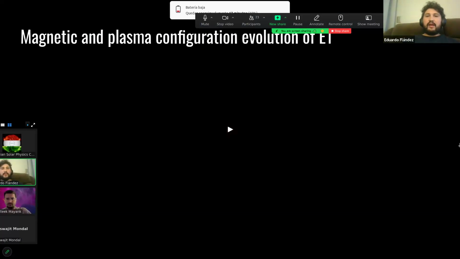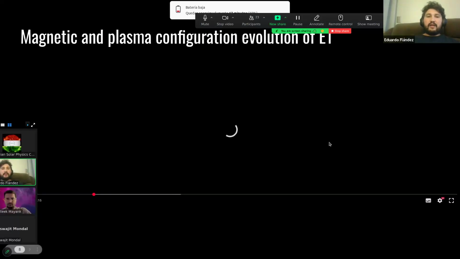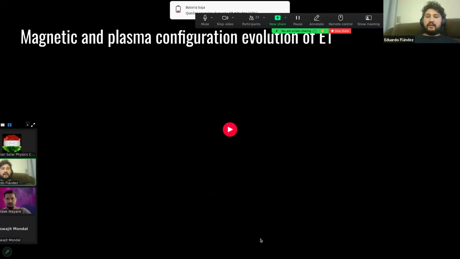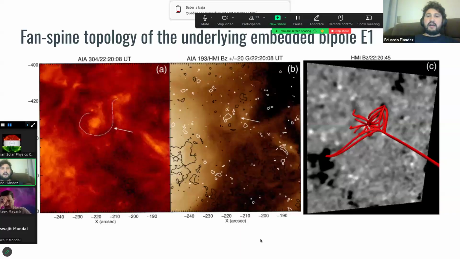So when we analyze the different AIA channels, we can identify outflow. This is the outflow in different wavelengths. So, okay, this can be an event. But for this proposal, we need to identify the magnetic configuration.